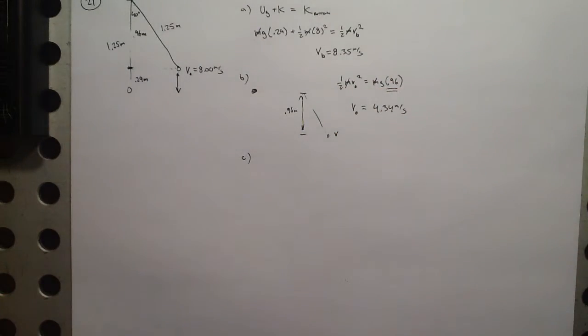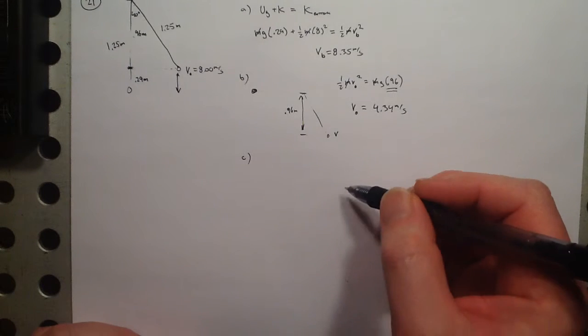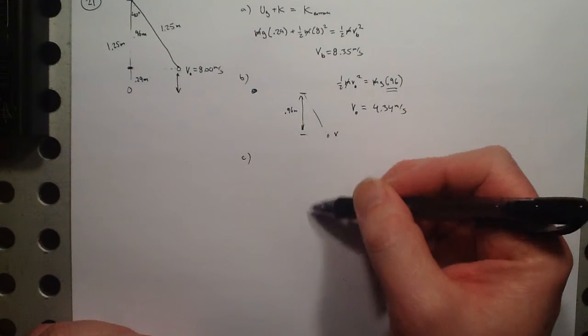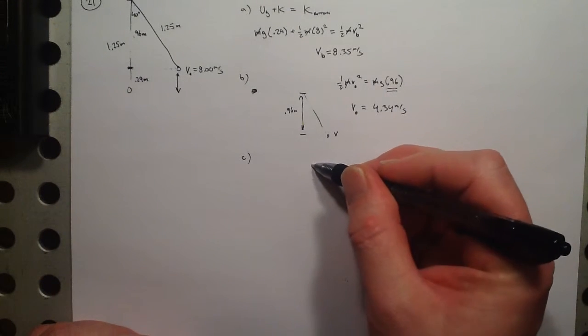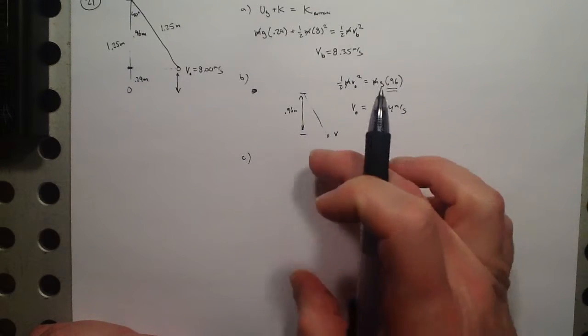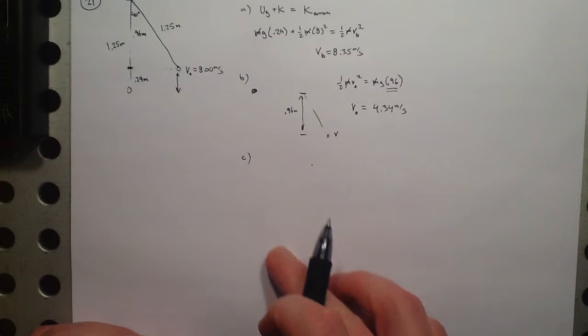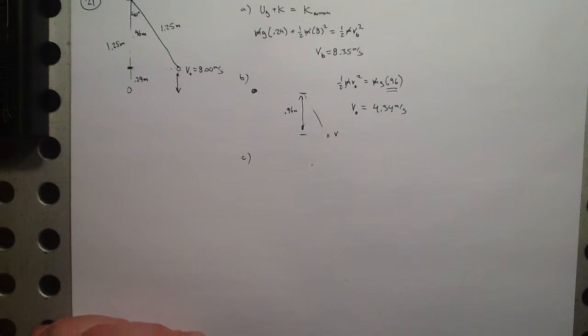If you feel like that's worth talking about some more, think about the loop-to-loop problem. The cord will remain straight as long as there's any tension at all. So if it can make it to the top just with the tension backing off to 0, then the cord will remain straight and it'll start to get tight again as soon as it passes that top position. This is very, very much like the loop-to-loop problem.